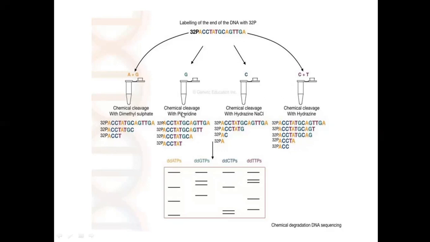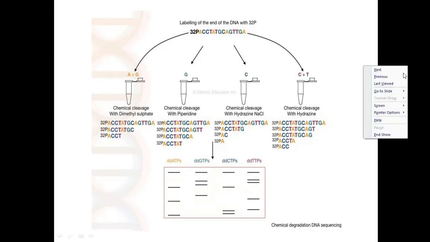Now, can you make a record of this target strand? Try on your own when the cut is at A, when the cut is at G, when the cut is at C, and then when the cut is at T. I'll give you a few minutes to find out the fragments.